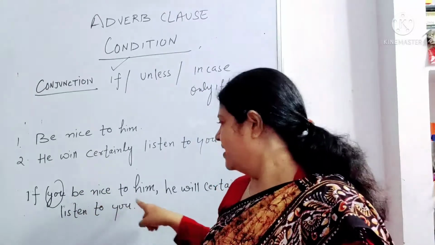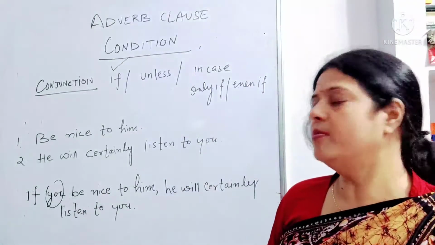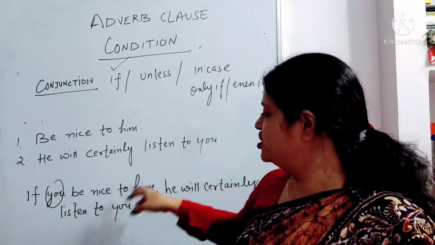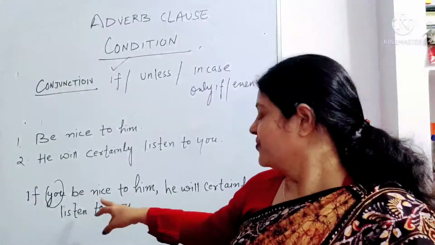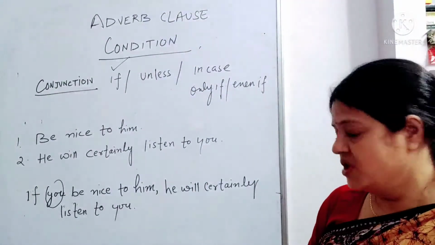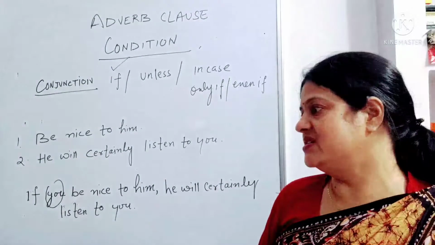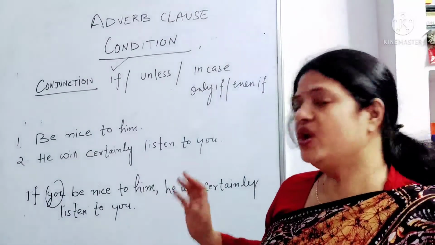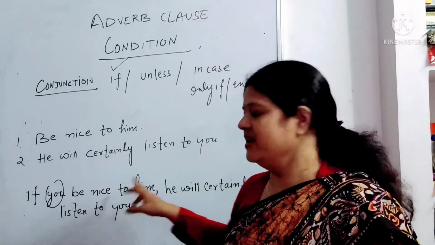So if you be nice to him, and then I put a comma. Why did I put a comma? Because this adverb clause of condition has come in the front of the sentence. So if you be nice to him, then comma, and then I've written the principal clause. I can change the position by putting the principal clause in the beginning of the sentence: he will certainly listen to you if you be nice to him.